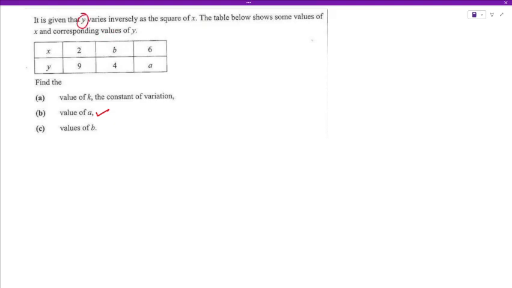So let's come up with a formula. Given that y varies inversely as the square of x, you write y equals k, and whenever there is no value given between varies and inversely, you simply go ahead and underline, as x squared.